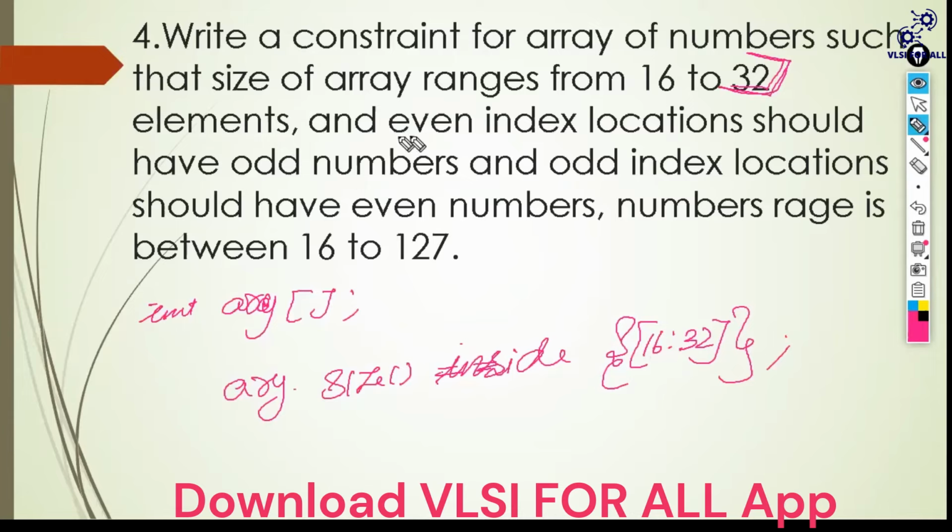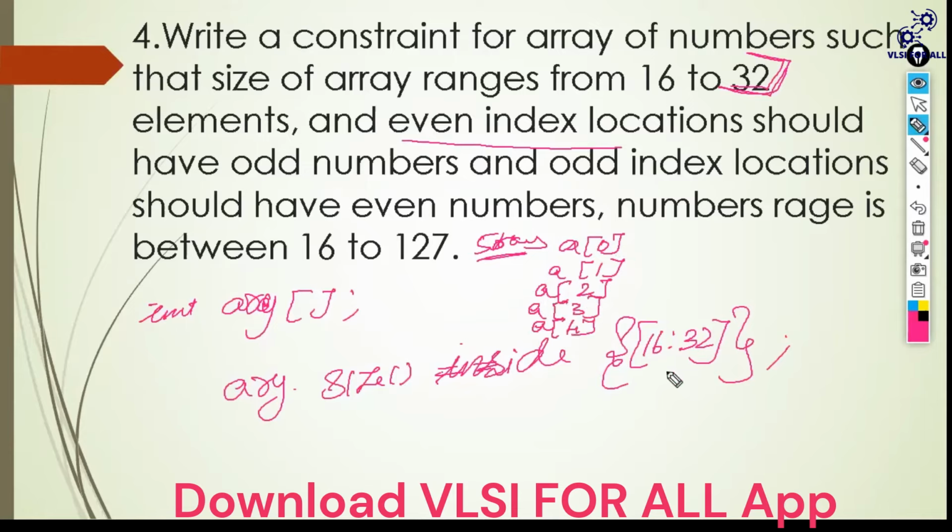Then they are giving us the condition that the even index should have the odd number. If it is a 5-element array, it has 5 indexes: a of 0, a of 1, a of 2, a of 3, and a of 4, right?